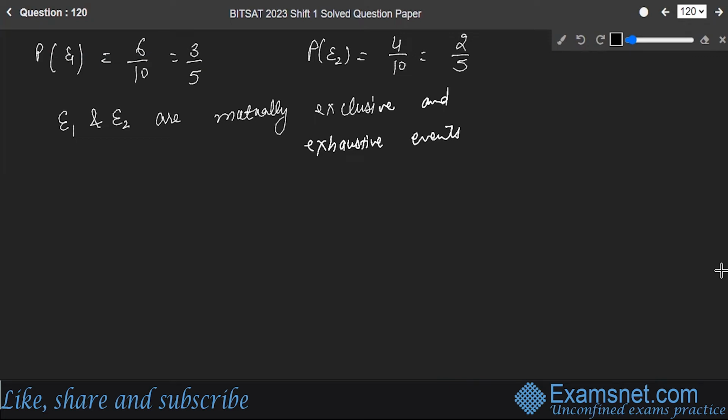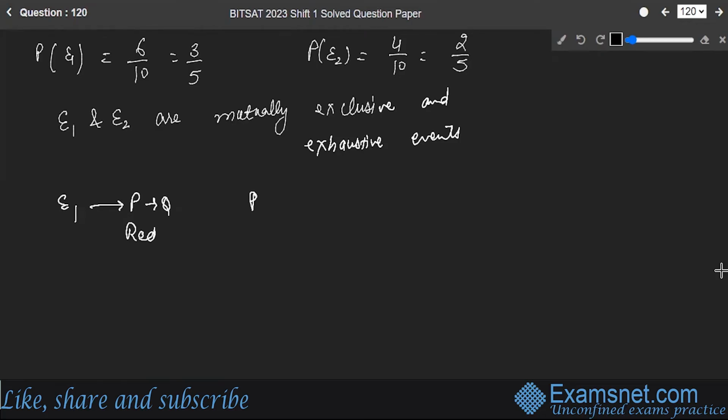So when E1 has occurred, that is, a red ball has already been transferred from bag P to bag Q, let's say E1 event happens. That is, the red ball is transferred from P bag to Q bag.